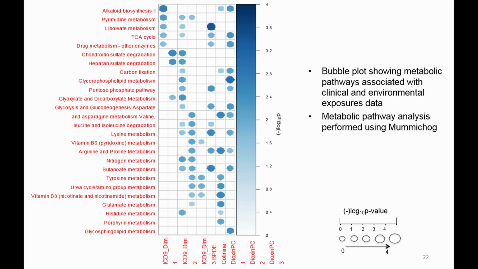So for instance, alkaloid biosynthesis is associated with ICD-9 dimension 1 related to cardiovascular symptoms, as well as dioxin PC1 and PC2. So basically what we've done is, again, we've gone from this multi-dimensional data which is sitting in data files. We've performed this analysis, we've identified the associations, and we've taken those associations to a mechanistic level, at the molecular level. So we've gone from the exposures to molecular pathways.